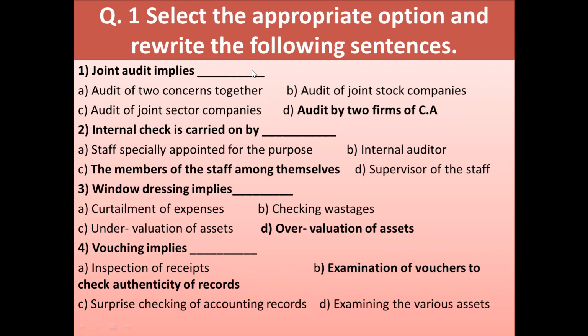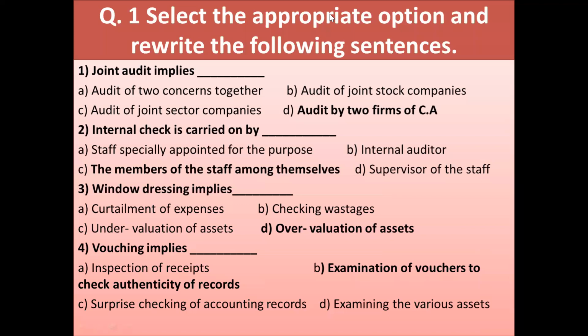So joint audit implies the audit by two firms of CA. This is the right answer, and you have to write the full sentence in your answer sheet, joint audit implies audit by two firms of CA, and underline "audit by two firms of CA". This is the proper way to write the answers of multiple choice questions.